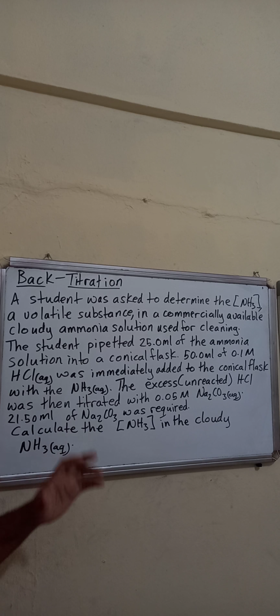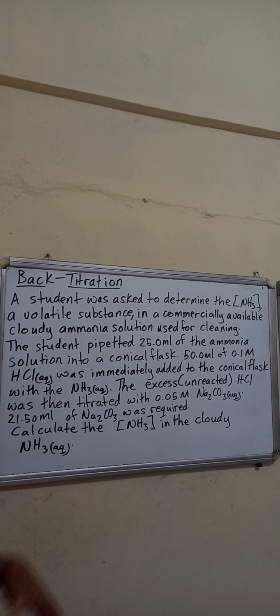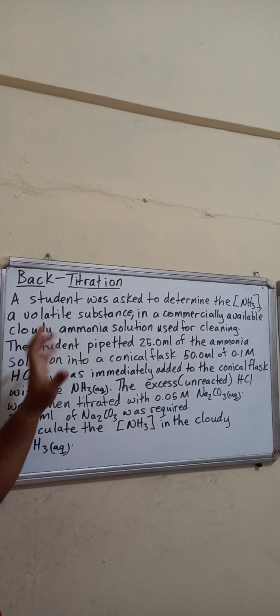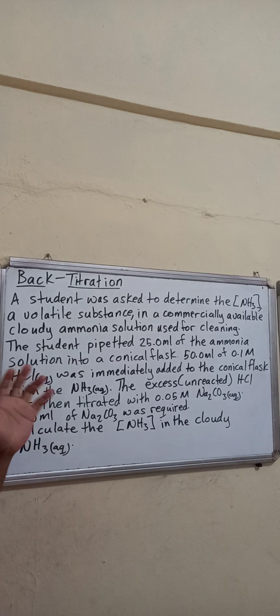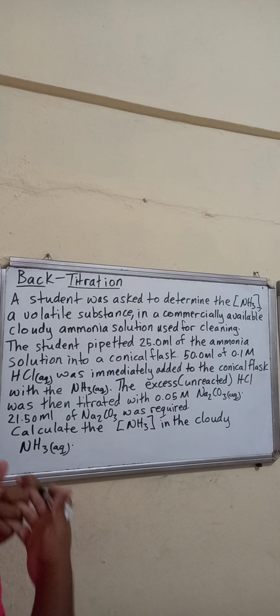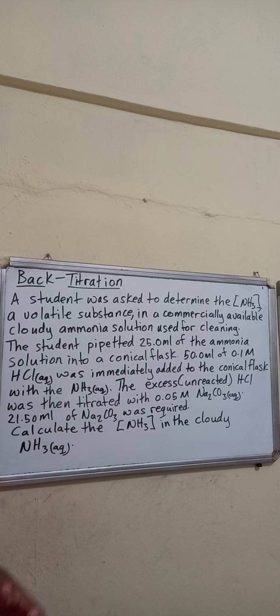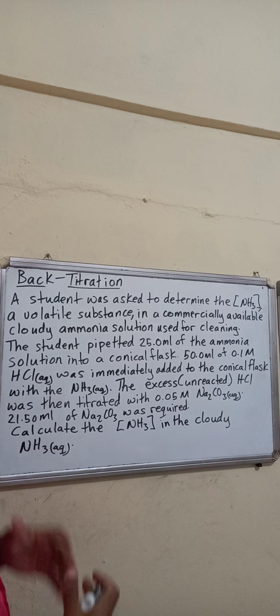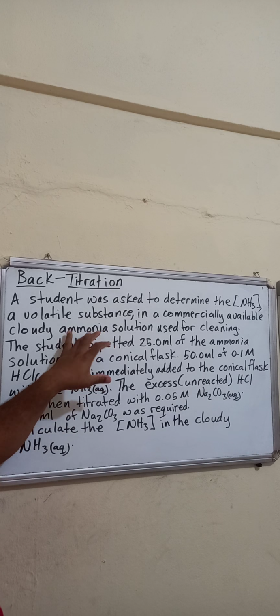So typically in a back titration, for example in this question, we have a sample of ammonia solution. I want to know the concentration of ammonia present. But ammonia is a volatile substance, so we cannot do a direct titration. What we would do is react the ammonia.